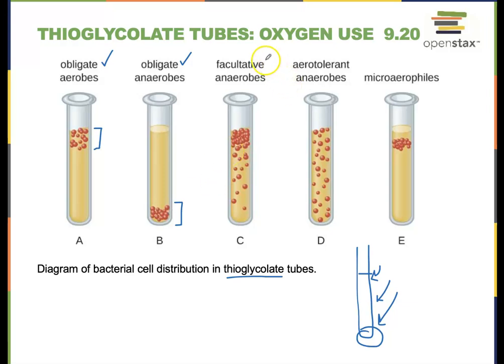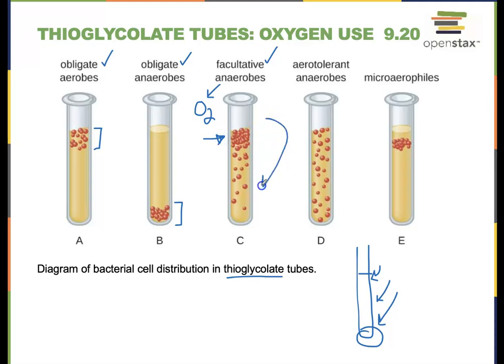Then we have the facultative anaerobes, and facultative anaerobes can do both. They can grow with oxygen. We looked at that with cellular respiration. They make ATP much better with oxygen than if they were to ferment without oxygen. So with oxygen, they grow much better because they efficiently make a lot of ATP and you get more robust growth.